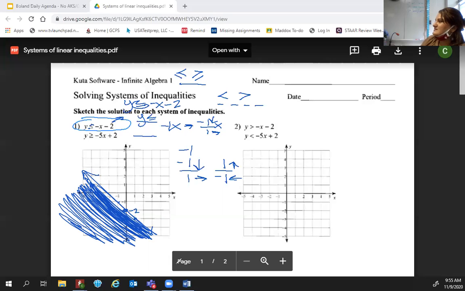So far, is 0, 0 a solution to this inequality? No, because it's not in my shaded portion. Are the points on my line a solution to my inequality? Yes, because it's a solid line. Next, I'm going to pick a different color to graph my line. I'm going to pick pink.